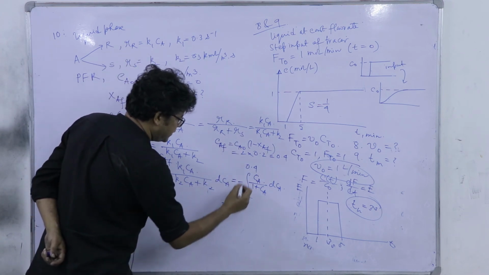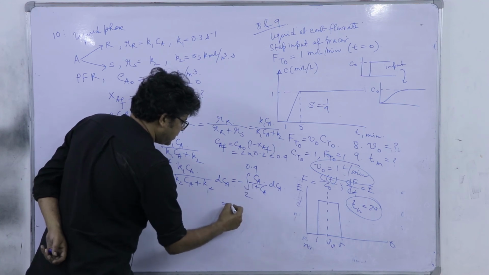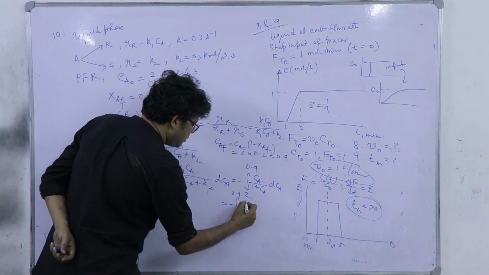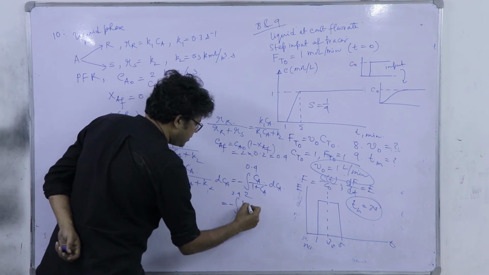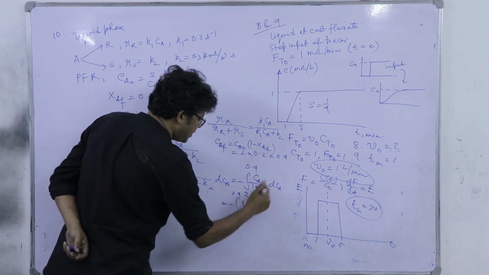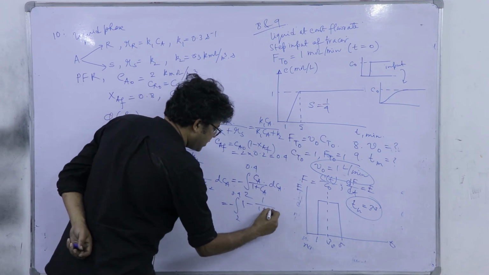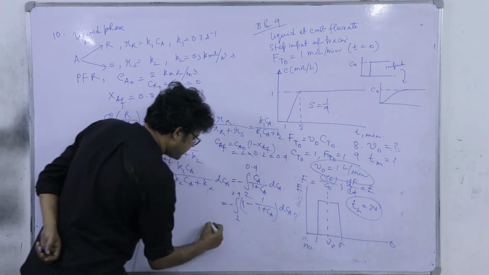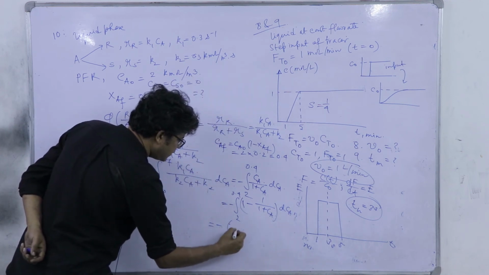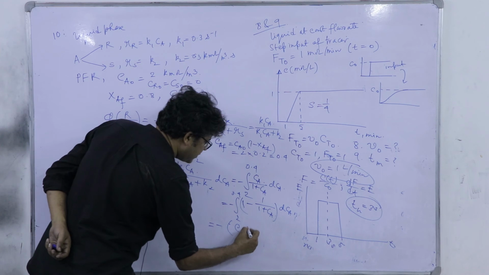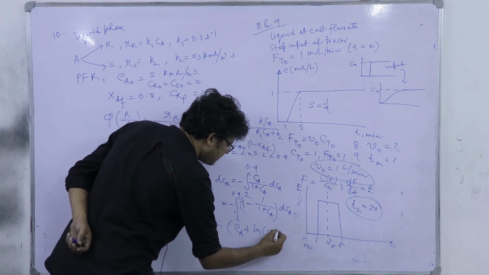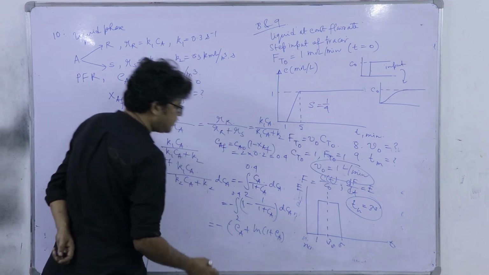So, this is, Ca plus 1 minus 1, divided by 1 plus Ca, dCa. So, it is minus of Ca plus ln of 1 plus Ca, right.